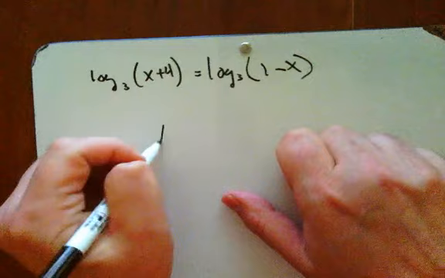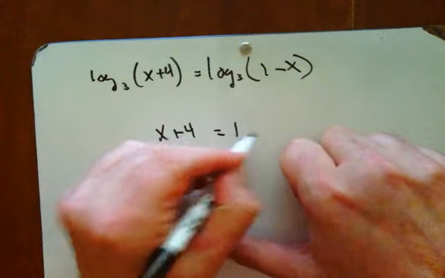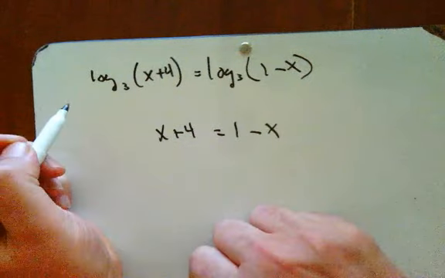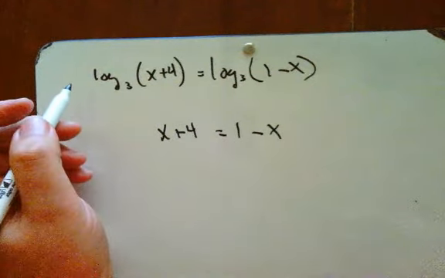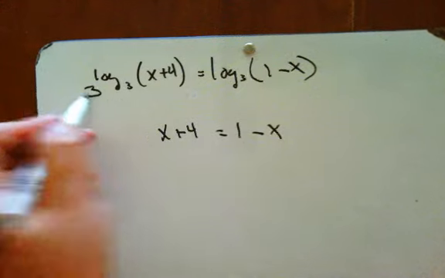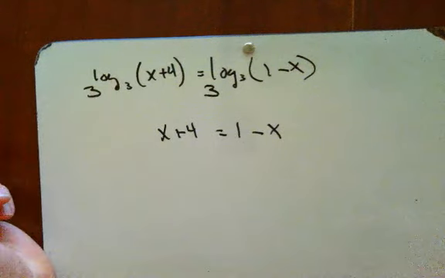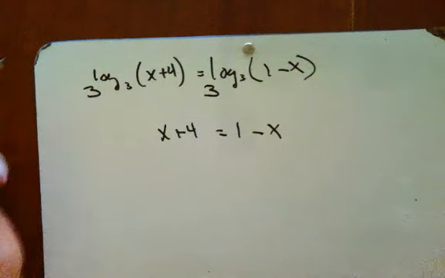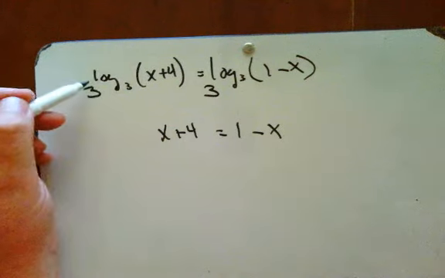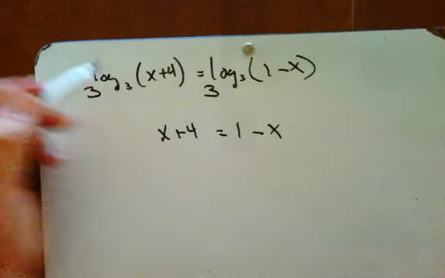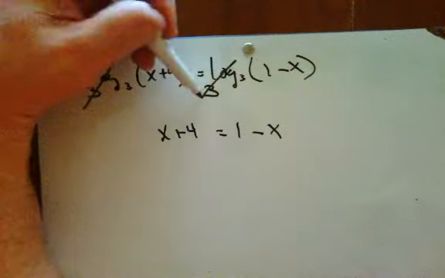So we can do this problem in one of two ways. We can use the one-to-one property, and since we see these terms are equal and they're both log base 3's, we know that their arguments need to be equal. So that x plus 4 should equal 1 minus x.